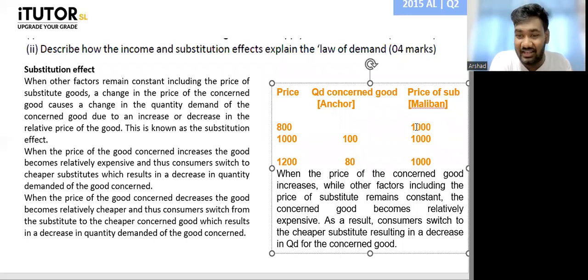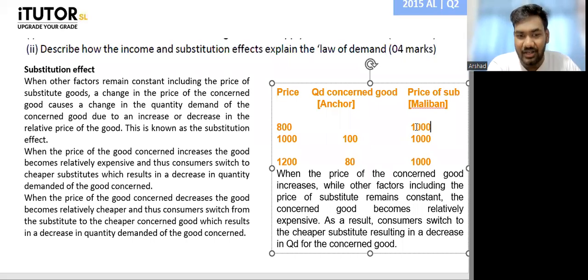That you have to highlight. Therefore, consumers who are consuming the substitute will now switch to the concerned good. People who are buying Maliban now come to your good. Why? Your good is cheaper. As a result, your quantity demanded goes up.